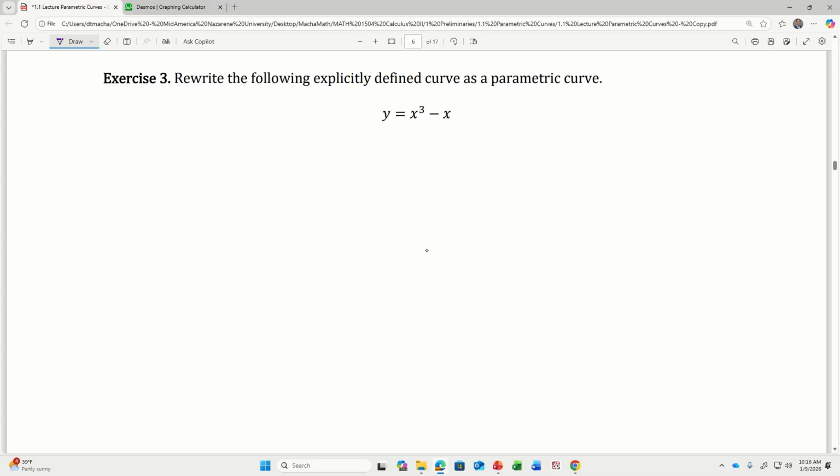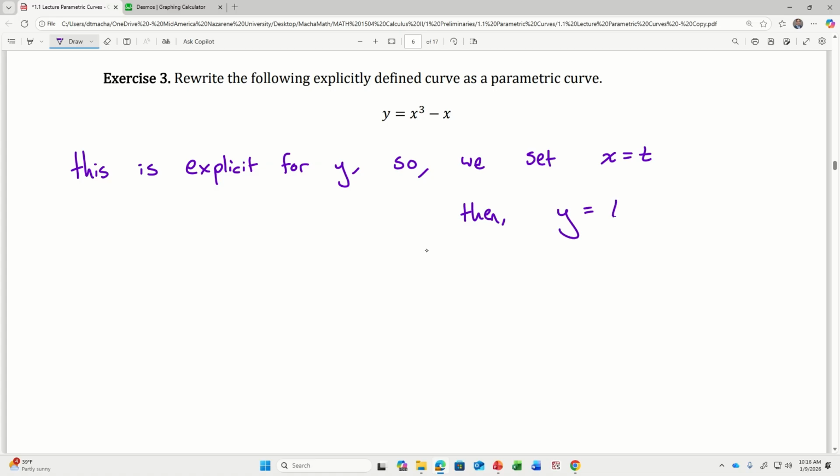If I want to rewrite this as a parametric curve, this is explicit for y, so we set x equal to t. Then y must be t cubed minus t, and the whole thing together would be t, comma, t cubed minus t.